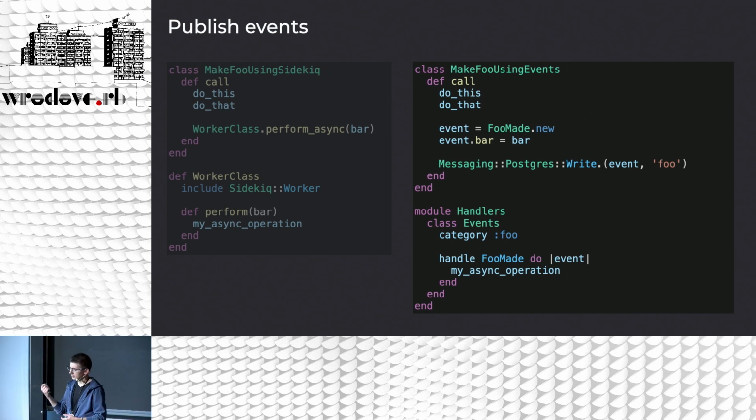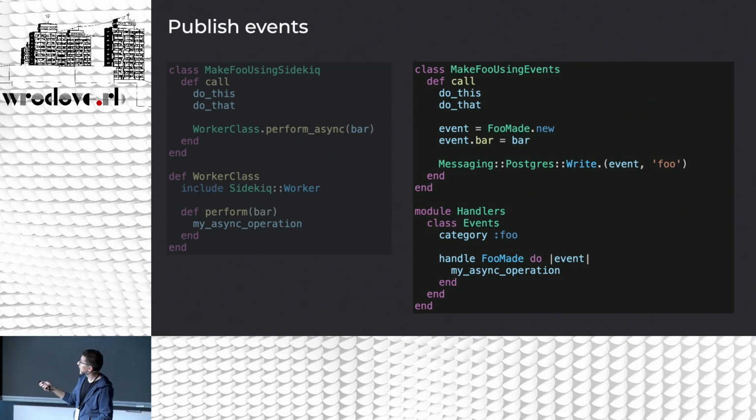So you have your service, and at the very end of your service, you publish an event. Then you have your consumer, I've talked about, which reacts on that event and performs that asynchronous operation using PubSub.